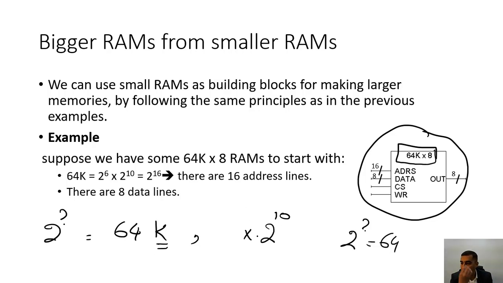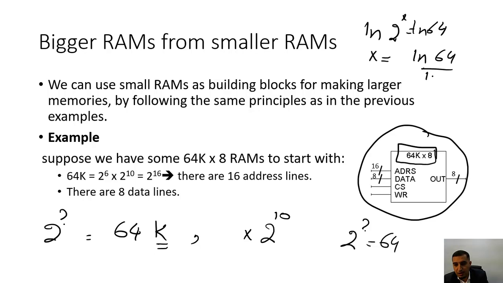If you want to do it by calculator, you have to use the ln. You will say 2 to the power x is equal to 64. So you will say ln of 2 to the power x equals ln 64. Then you send the x over here. You say x is equal to ln 64 over ln 2.